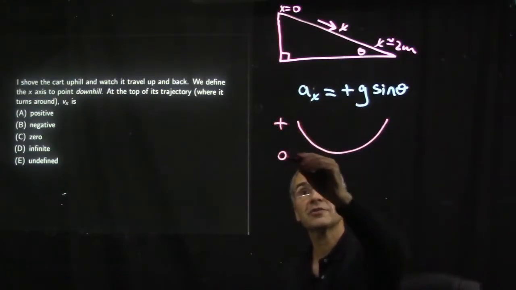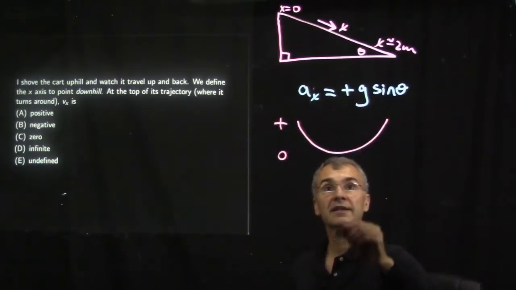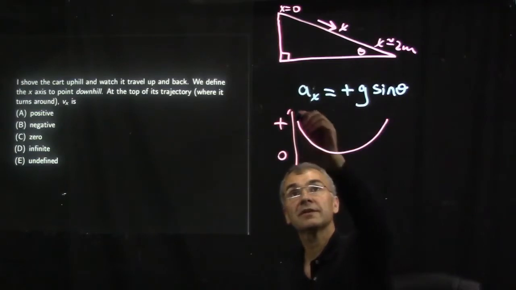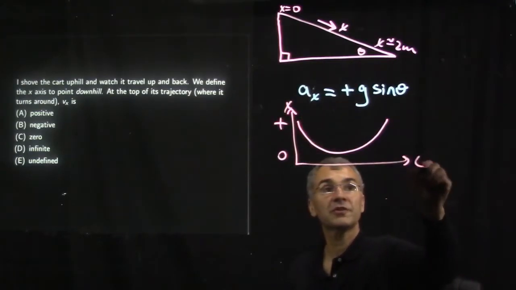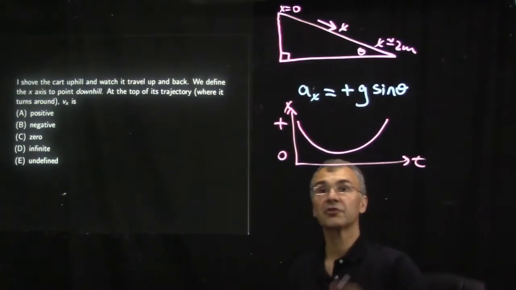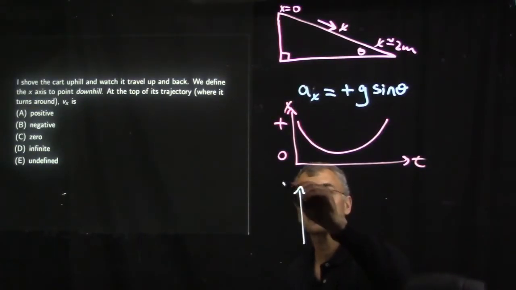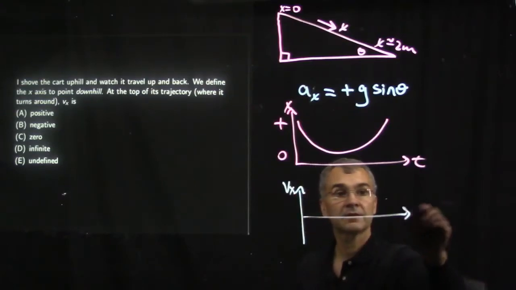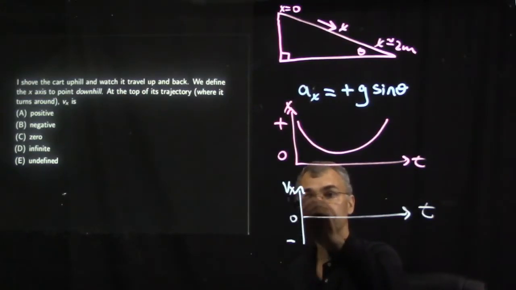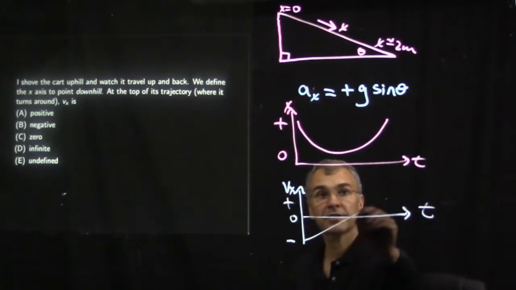It goes from plus down to 0 and back up to plus. So this was x versus t. And then remember that we had the vx versus t curve look like this. So it started out negative and it went up to plus.